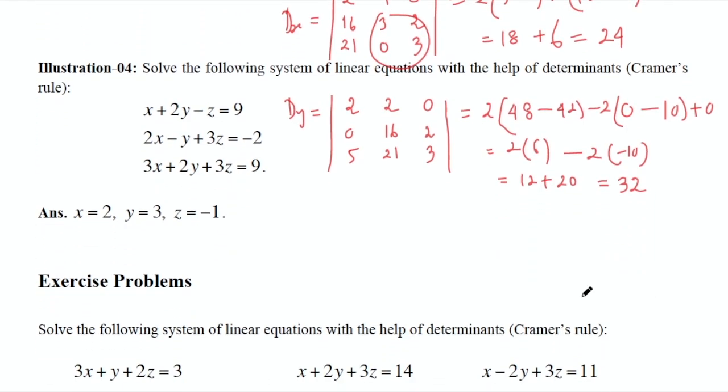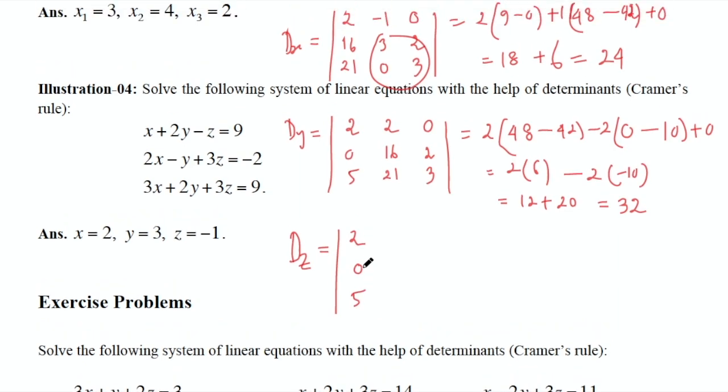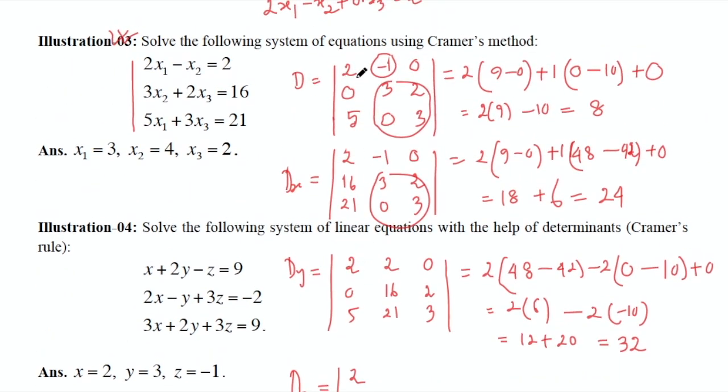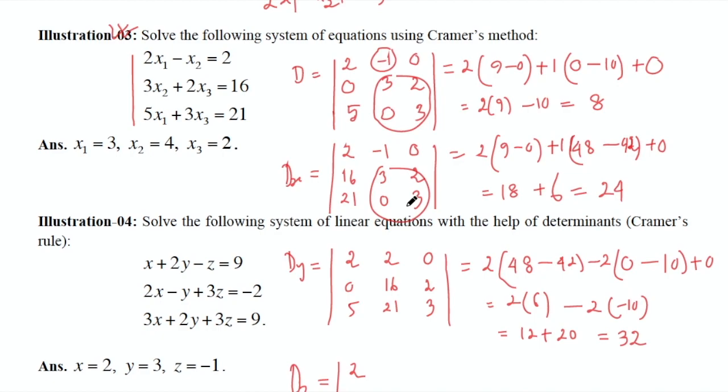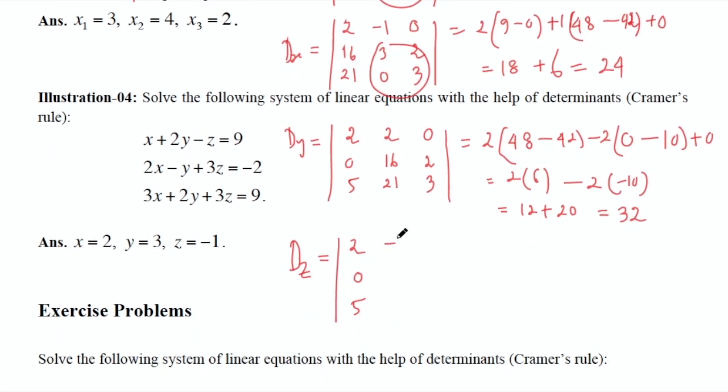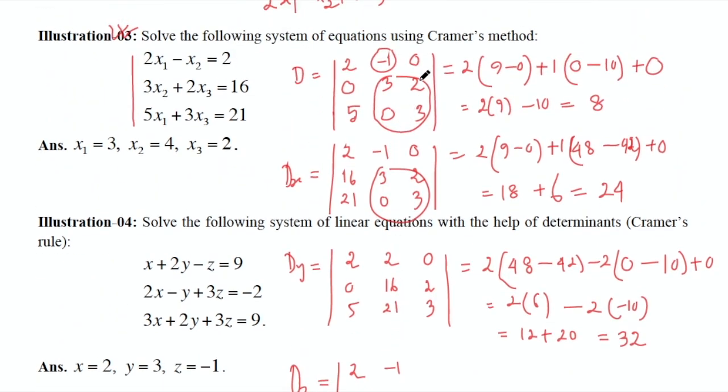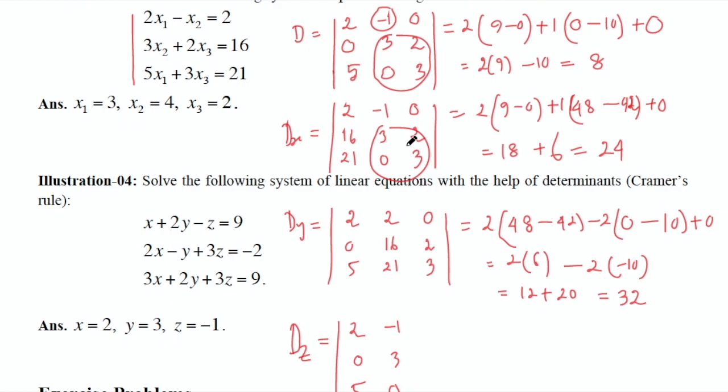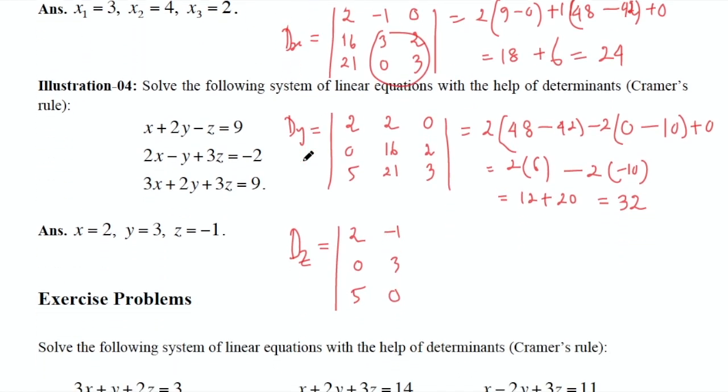So dy is 32 and dz will be equal to, the first column will be exactly the same, 2, 0, 5, and the second column will be minus 1, 3, 0, exactly the same, but the third column in the coefficient matrix will be replaced by 2, 16, 21.